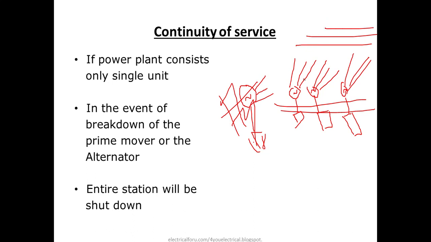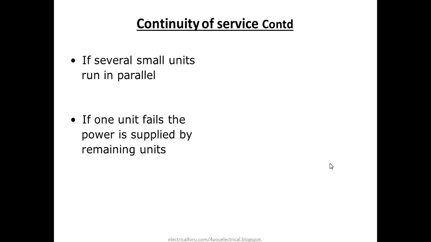This is the parallel operation. If there is only one unit, the entire plant will be shut down. To avoid that, we use this type of system, where several small units run in parallel. If one unit fails, power is supplied by the remaining units.